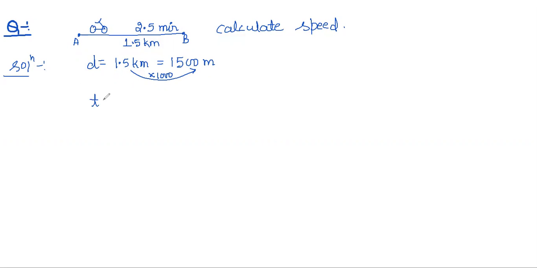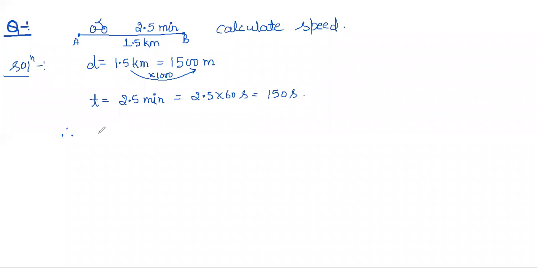The time taken is 2.5 minutes, so convert into the SI unit, which is second. In 1 minute there are 60 seconds, so 2.5 into 60 equals 150 seconds.